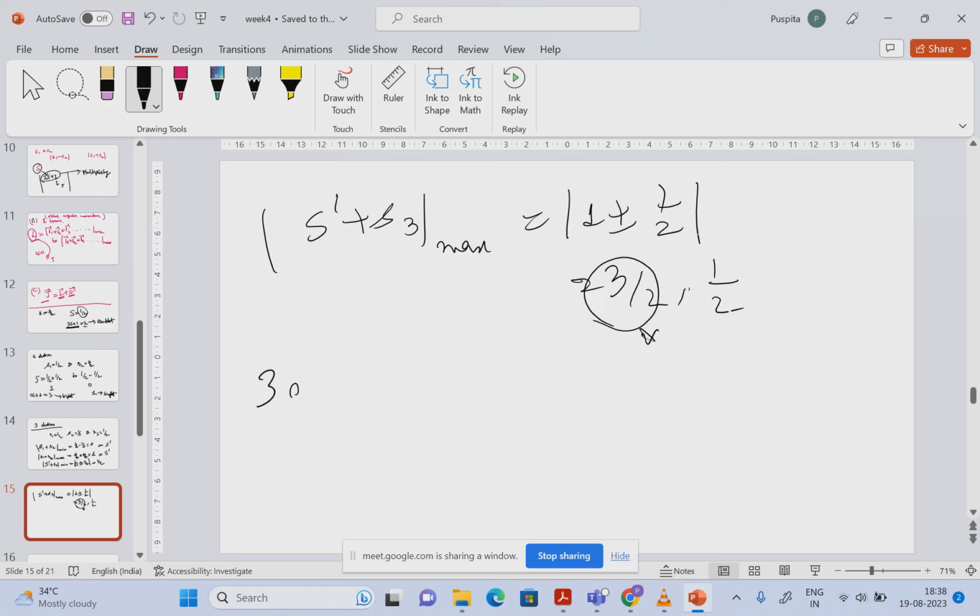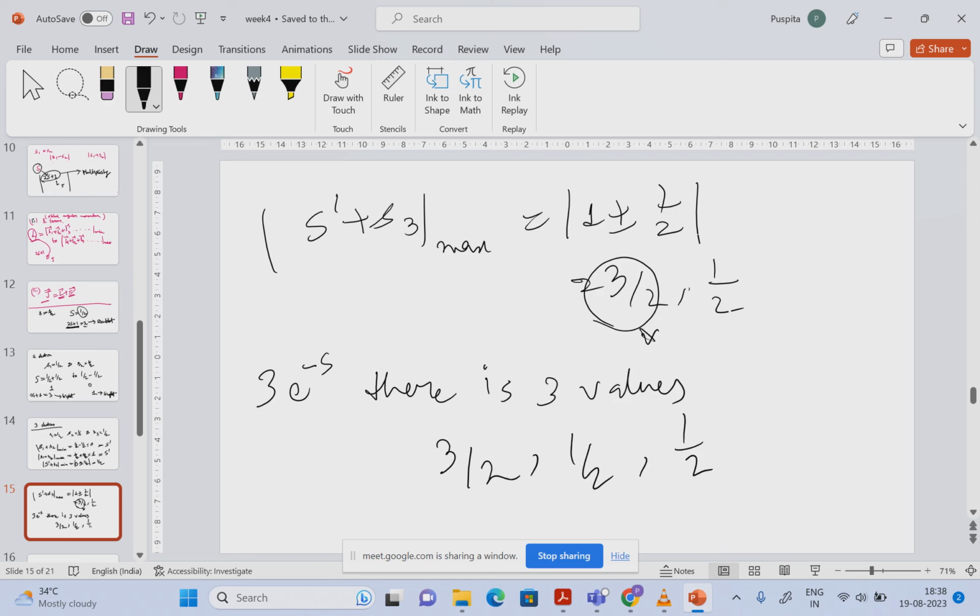So for 3 electrons, there are 3 values: half and half, these two are the same, so it's basically 2 values.